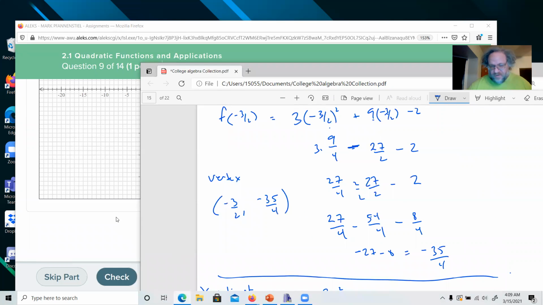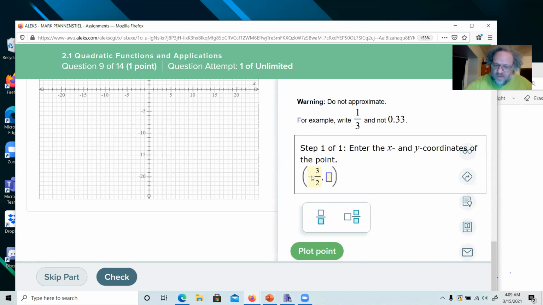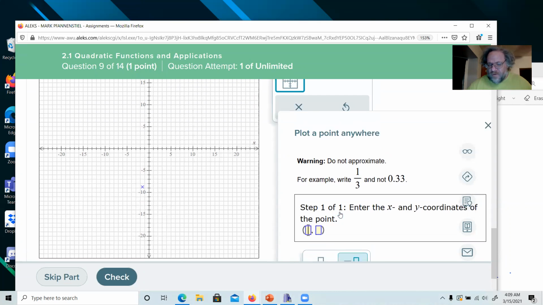Negative 3/2, negative 35/4. All right, so let's plot that point. Notice that I do not have a radical. Okay, we will not be able to plot points that are going to be on the axis.